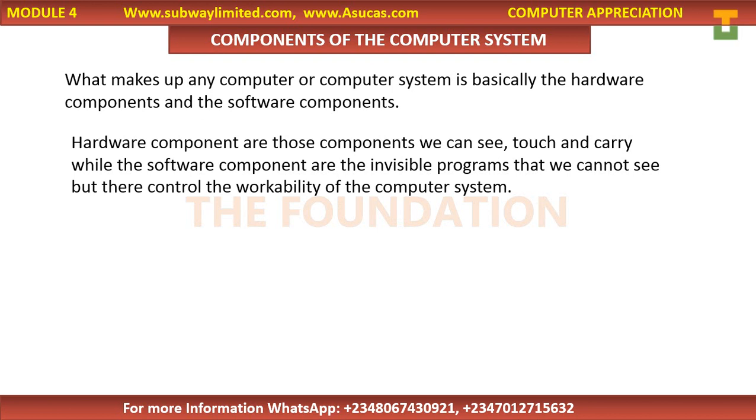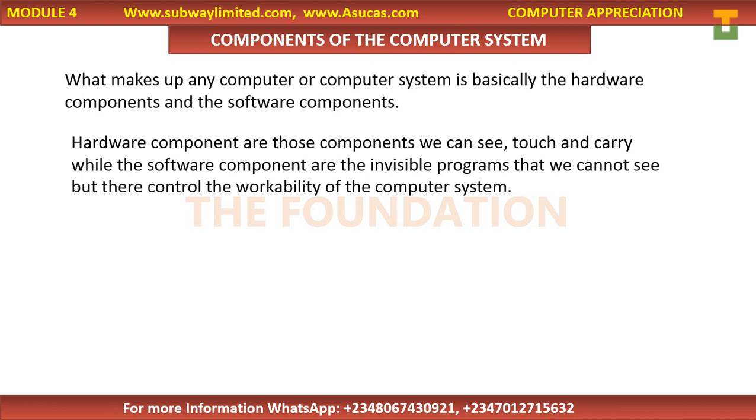Hardware components are those components we can see. Whether you say hard copy, soft copy, hardware components, software components, you should always remember that when we say software or soft copy, those are programmable commands we use with the computer, and we cannot see them.